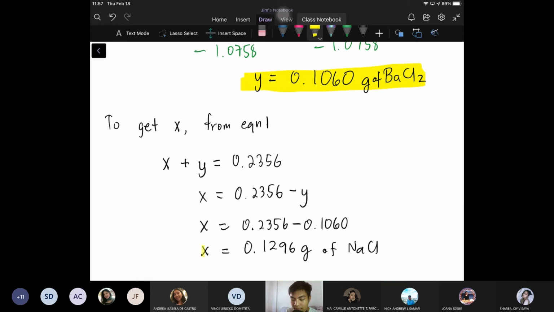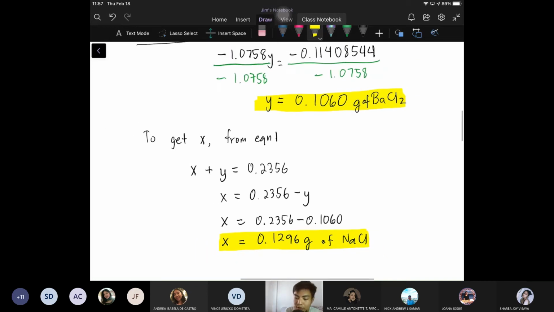Okay, so yan. So with algebra, we were able to solve for the mass of our original NaCl and BaCl2, no? So ito yung original mass ng barium chloride at ng sodium chloride sa ating sample bago siya i-precipitate.